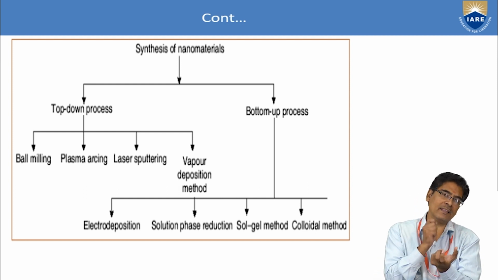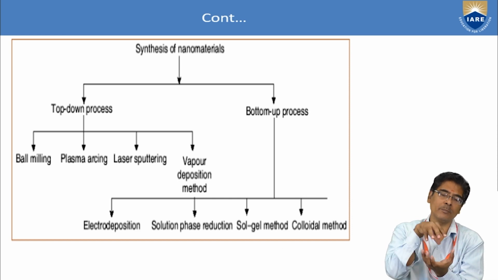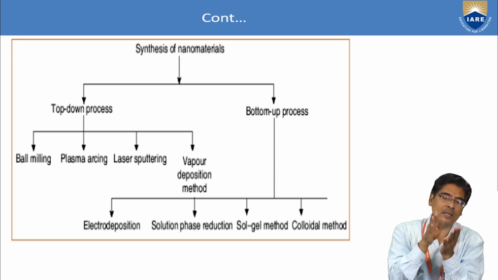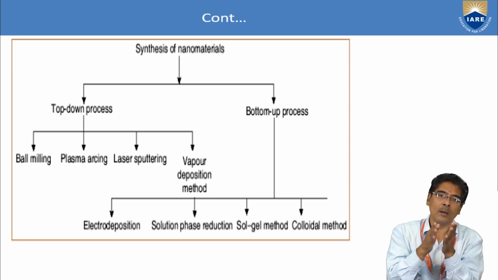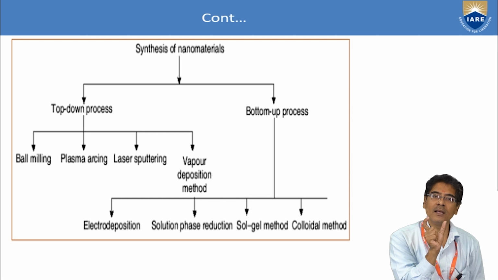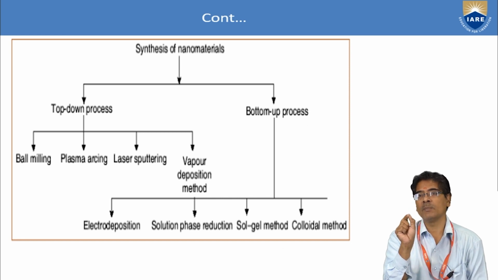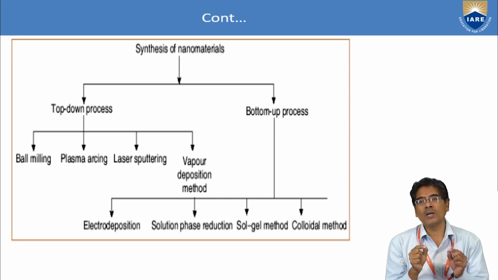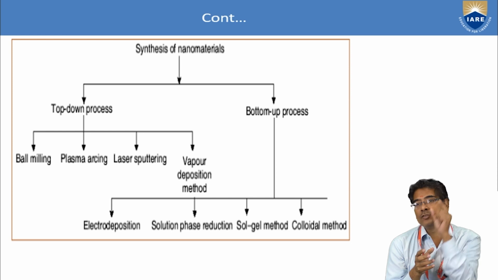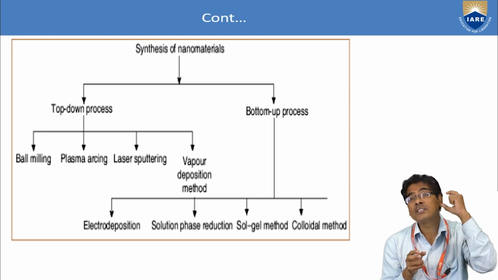If you apply some pressure on that material, it breaks down, right? From the large sugar lump, we can get particles of sugar. These sugar particles are of nano size, and the sugar lump is what we call bulk size. So this process is what we call the top-down process.